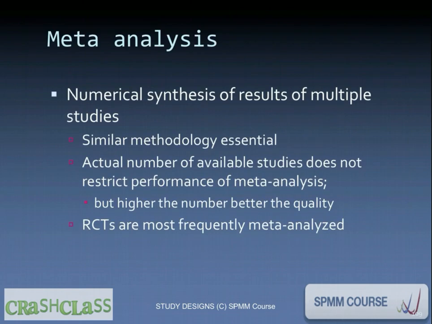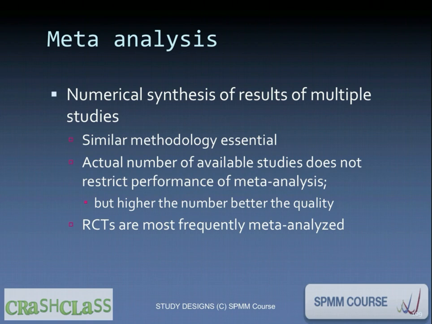So what is a meta-analysis? As I alluded to before, meta-analysis is numerical synthesis of results of multiple studies. Now it's important that the studies that you combine in a meta-analysis have methodology that is as similar as possible to other studies. So if you want to combine a group of 10 studies, it's important that all those 10 studies have used more or less similar methodology. You cannot combine apples with oranges, for example. You have to combine apple with an apple.